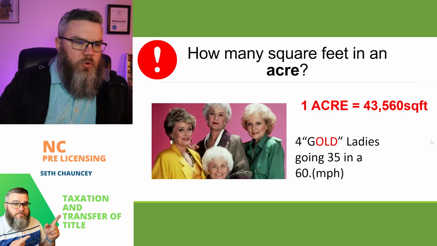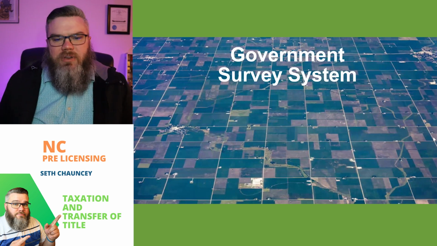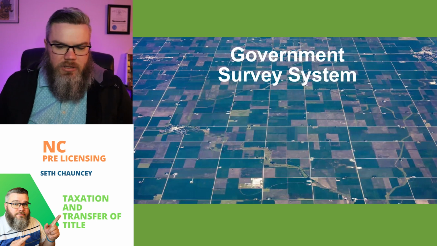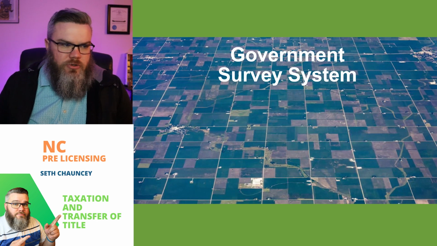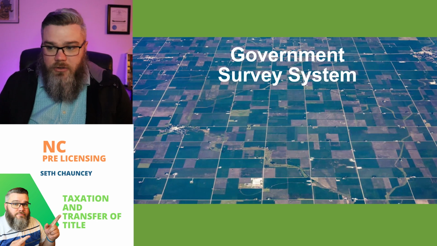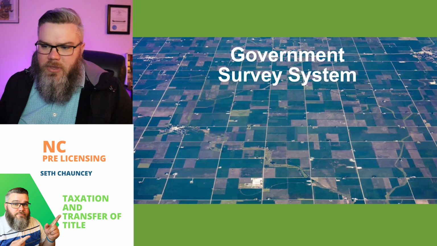So we'll circle back around to some more calculations math, but I thought now is a good time to introduce it. So let's talk about everybody's least favorite legal description. It's called the Government Survey System, also sometimes just referred to as the Government Rectangular Survey System or just the Rectangular Survey System. Here's a mini history lesson.